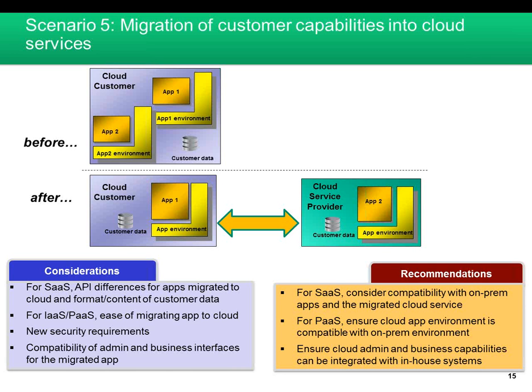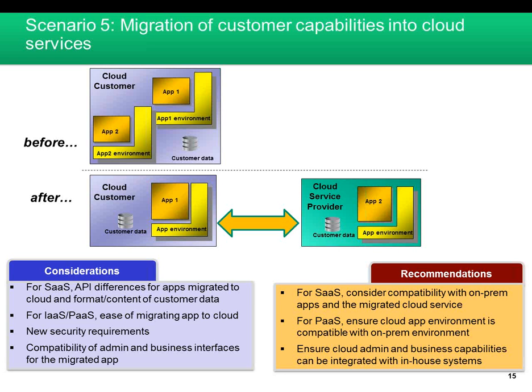So for SaaS, you really look hard at the compatibility of the application that's in the cloud service with the on-premises apps that you're using. And that will probably guide the choice of which cloud service provider you decide to go with. For PaaS environments, and really for IaaS, you need to check out the app environment that's being provided by the provider, make sure that it's a good match to the application that you're moving from on-premises to cloud.